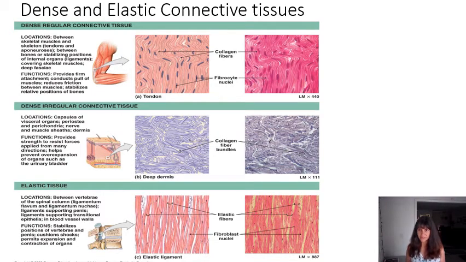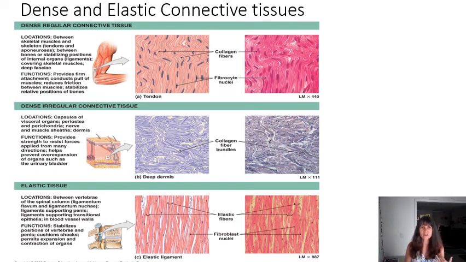Dense regular connective tissue is comprised of lots of collagen fibers that are tightly packed together, and they're usually running in the same or similar direction. That's why they have the term regular, because everything's arranged very regularly. Because these collagen fibers are packed so tightly together, dense regular connective tissue does not have a good blood supply.